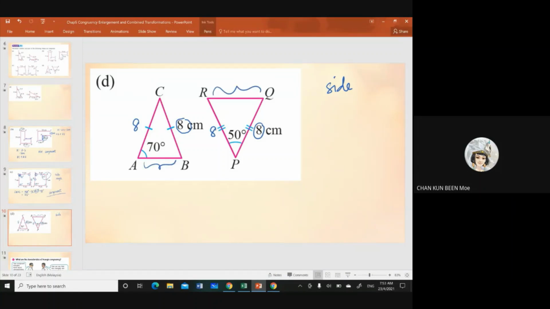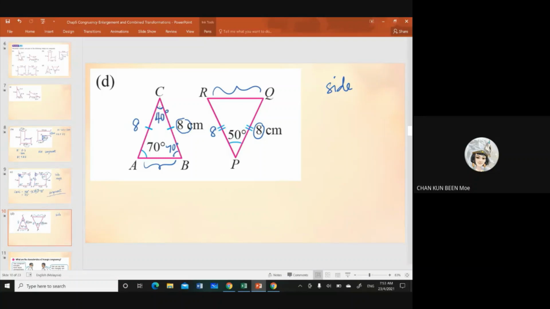So what you do is you determine the angle right now. If this is 70, they have an isosceles triangle, so this will be 70. So 70 plus 70 is 140, right? 180 minus 140, that angle will be equal to 40.